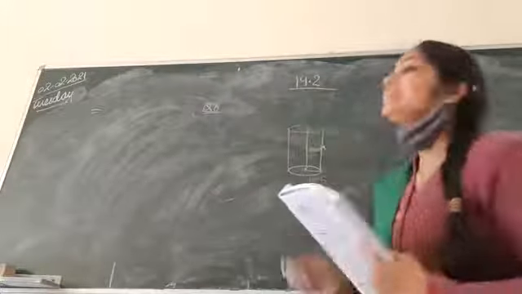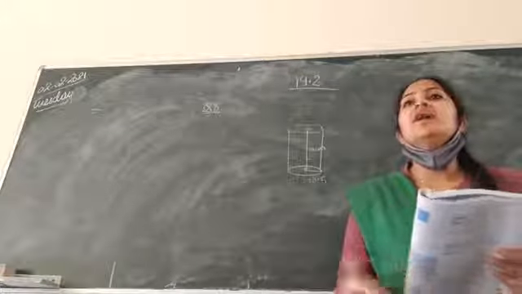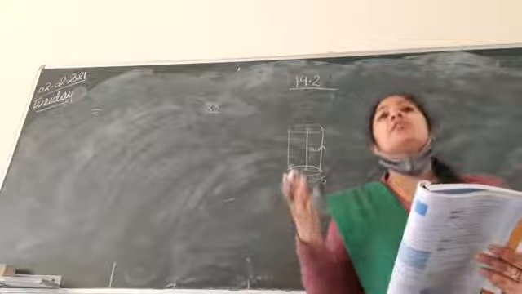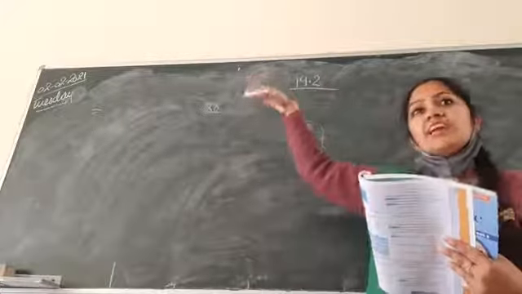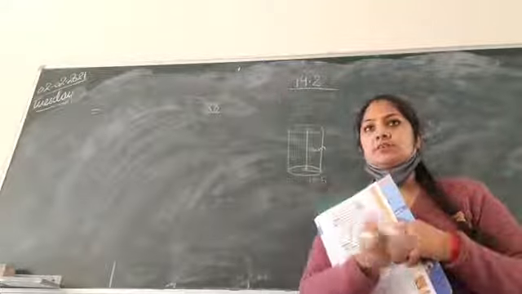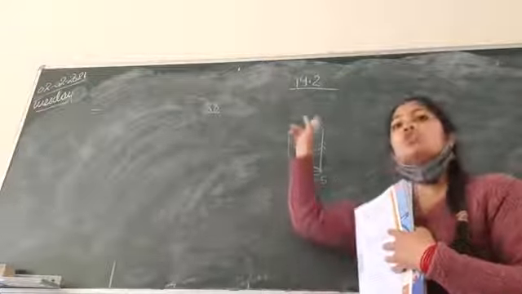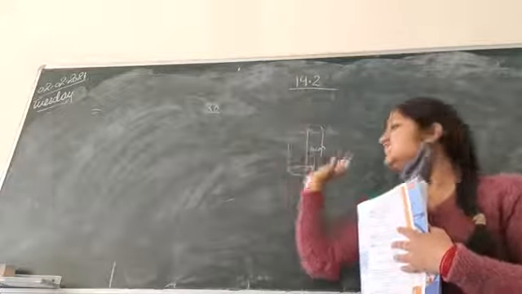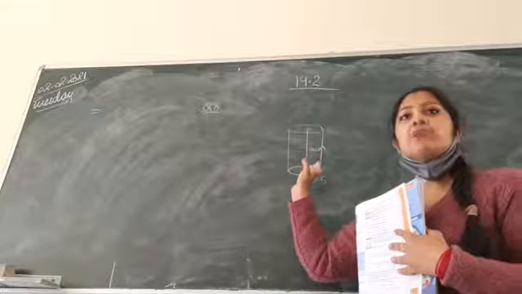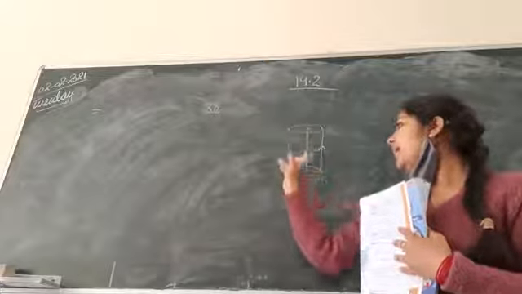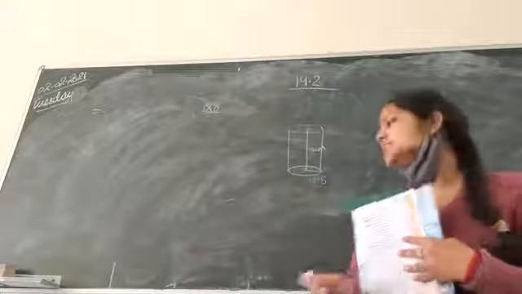And they are saying that this cylindrical vessel is open at the top, मतलब ऊपर से खुला है, like your glass, which is cylindrical in shape. So you have a cylindrical vessel which is open from the top. Its radius of the base is 10.5 centimeter and height is 14 centimeter.